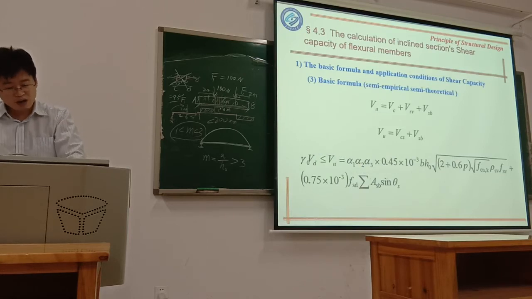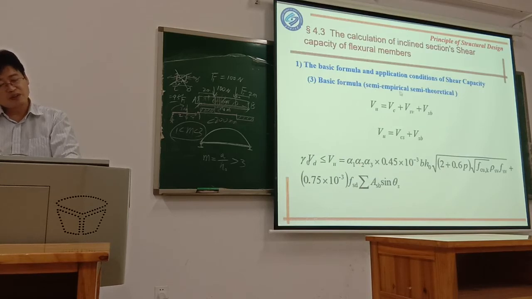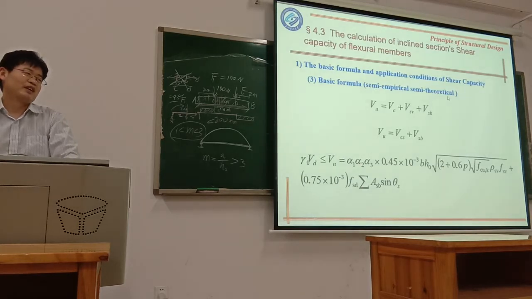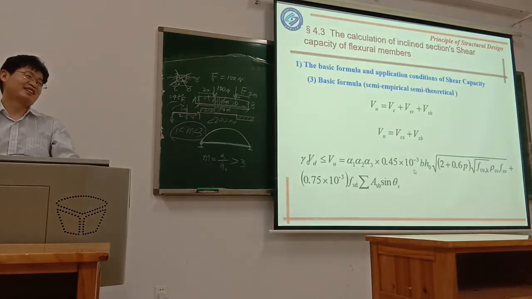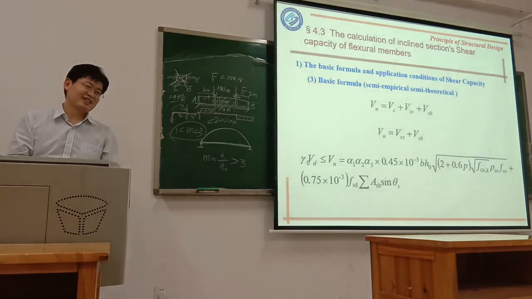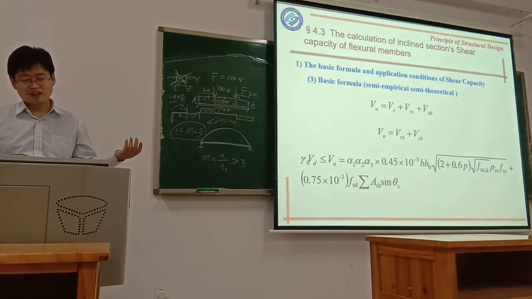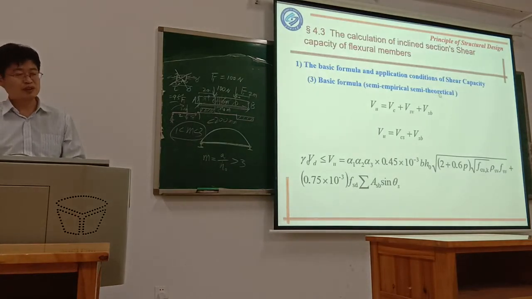So how did we get this equation? How is this equation semi-empirical and semi-theory? There's no why. It is just based on experimental experience and some balance of the basic theory.